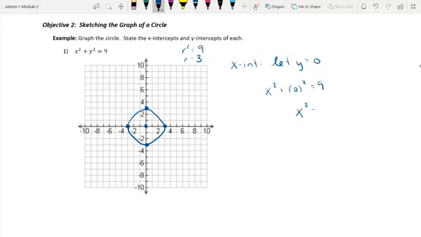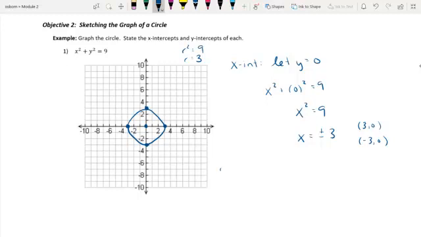In other words, x squared is equal to 9, so x is going to be equal to plus or minus 3. That gives me 2 coordinate points, (3, 0) and (negative 3, 0). My math lab, for the purposes of this course, just asks for the plus or minus 3, or for positive 3 and negative 3 separated by a comma.